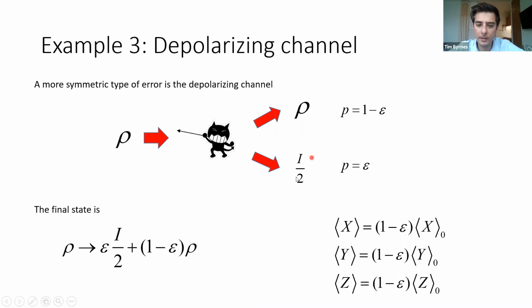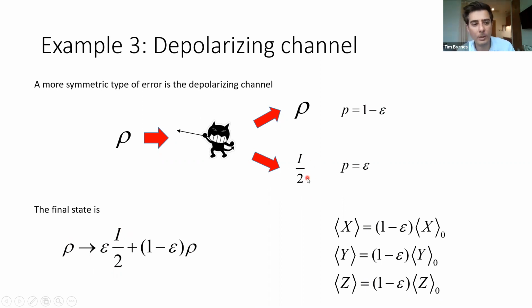So this is like the state with the most amount of error in it. We can write this channel like this. It takes rho, turns it into epsilon I over 2. That's our completely mixed state.